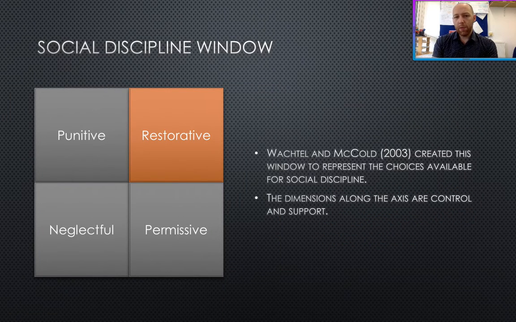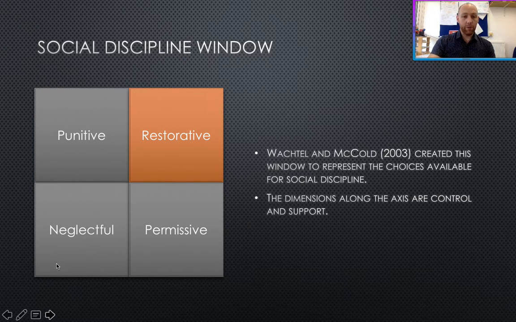The social discipline window is another way of viewing the effects of punishment or dealing with offending behaviour. And Wachtel and McCold create this window to represent the choices available for social discipline. And this is one they recommend that we always aim for. So we've got a punitive response in which the offender is punished.